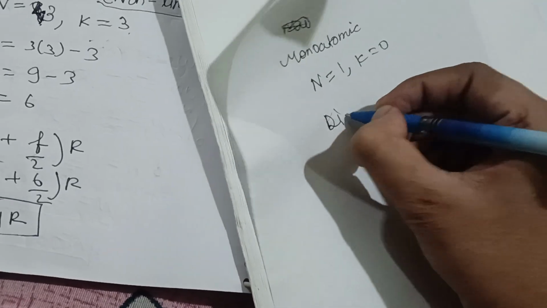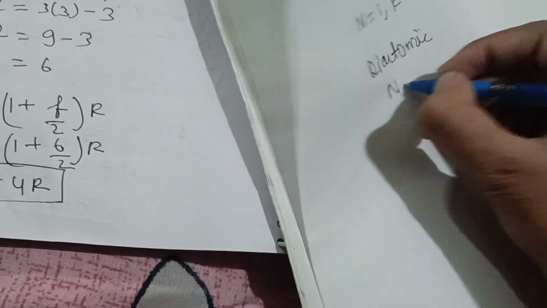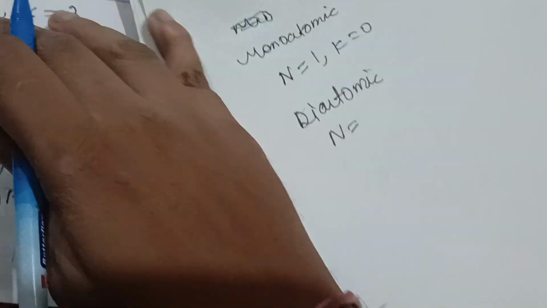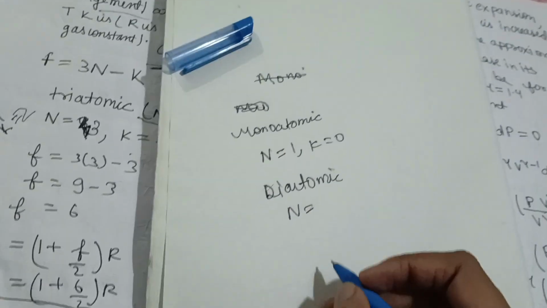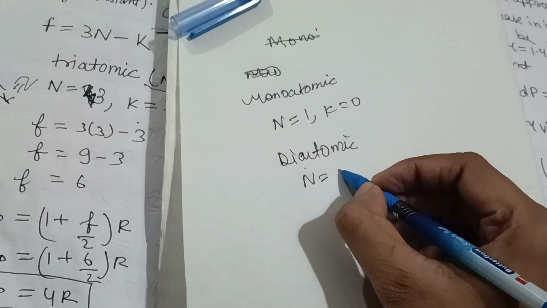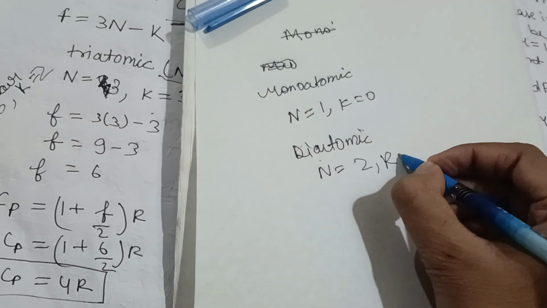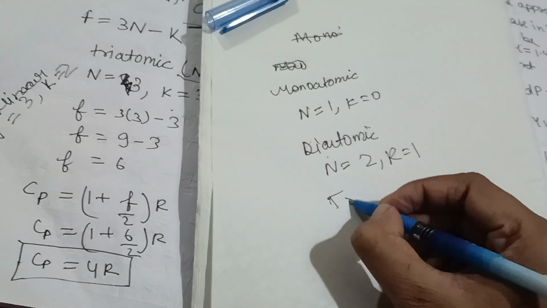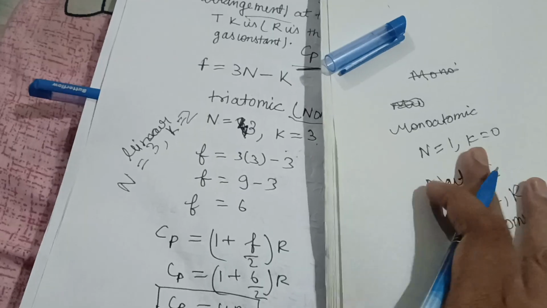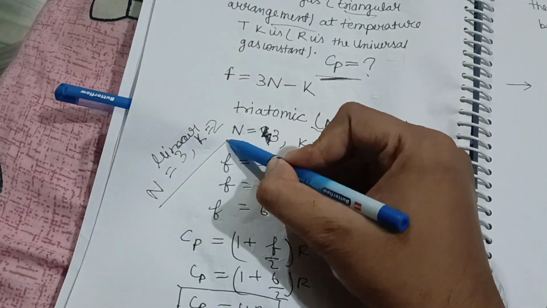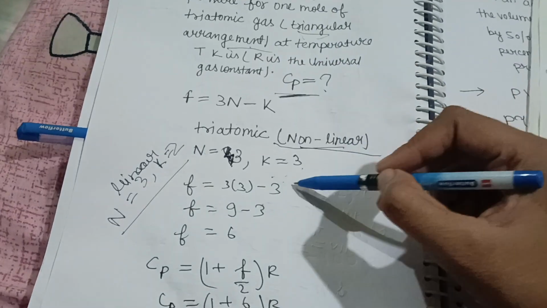For diatomic, n is 2, k is 1. For triatomic, it is like this. For linear, this is the value. For non-linear, from triangular arrangement, this is the value.